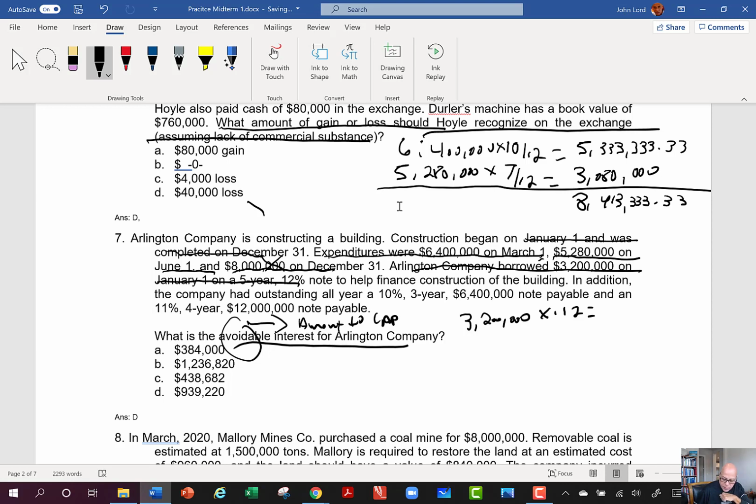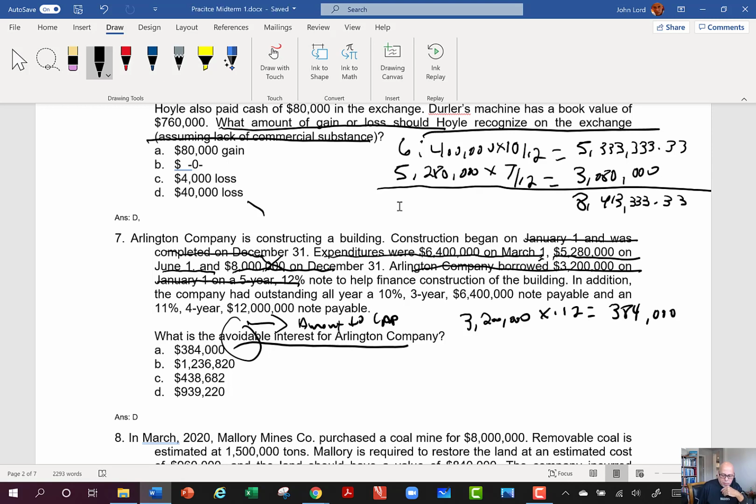So that's going to give me, if I'm doing my math right, $384,000. But I'm stopped there on that 12% because the interest rate was for that amount.